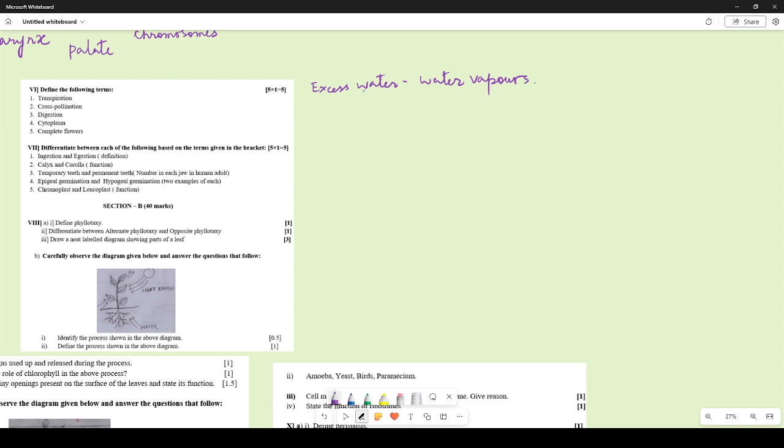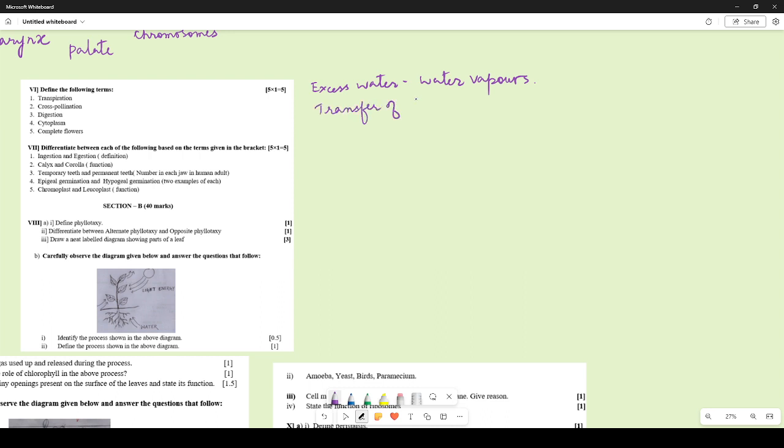Now cross-pollination, many of you wrote the answer, but you wrote it half. There you said it is the transfer of pollen. What are the things that you need to remember?